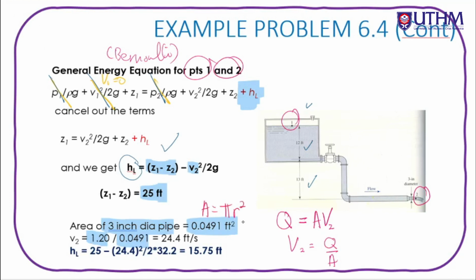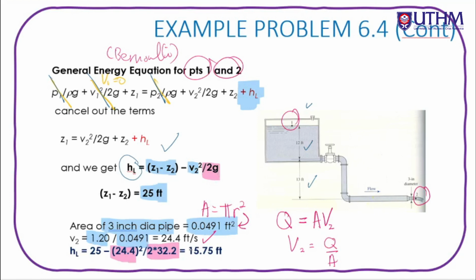Then V2 is 24.4 feet per second, and then we replace it in the equation, 24.4 squared over 2G. G now, because we do not use SI, is 32.2.